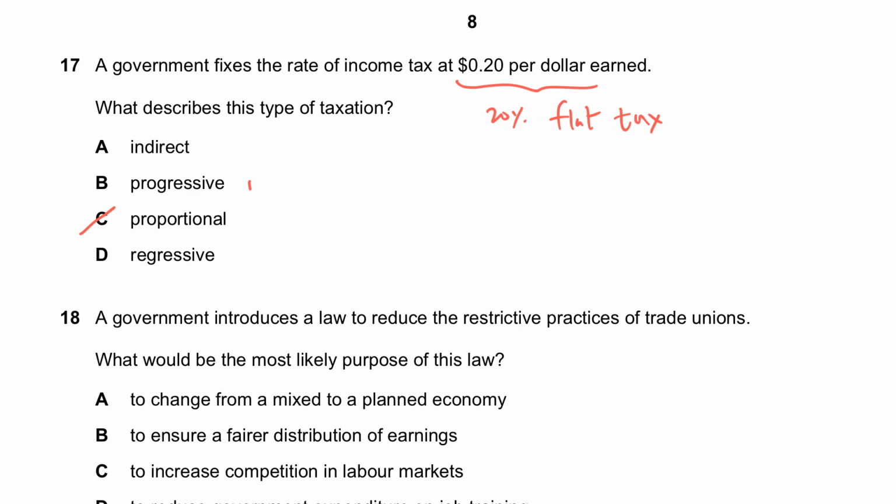So let me write this: rate rises as Y, for income, rises. So that would have been progressive. Proportional is when the rate stays the same as income rises, which is exactly what is happening here. And regressive is when the rate actually falls as income rises. So clearly C is the right answer.